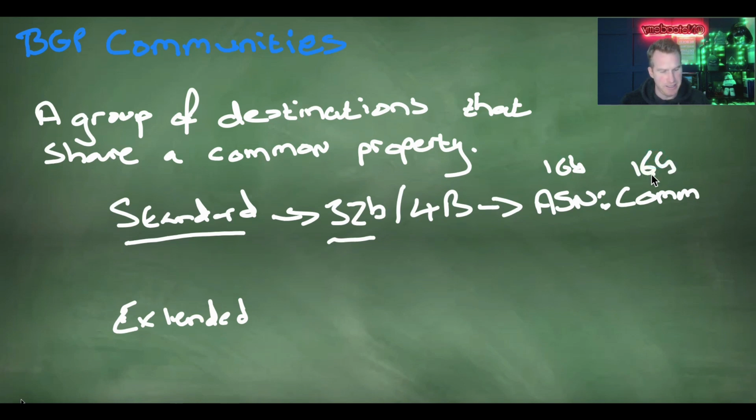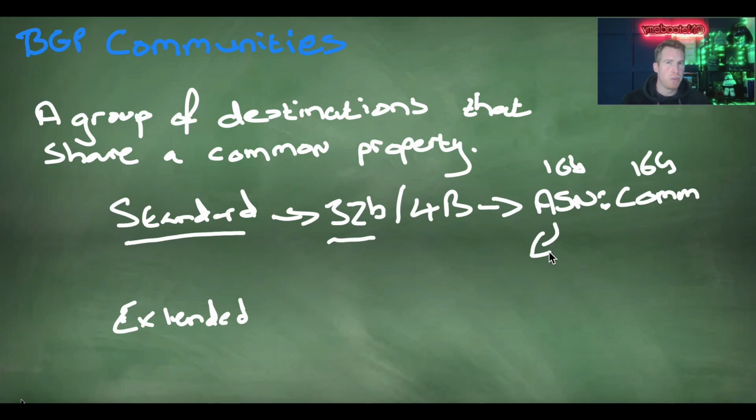Now the ASN identifies the autonomous system number that the BGP update message, that community at the end of the day, those associated destinations have actually come from. So say for example a router in ASN 6500 is sending out a BGP update message which is received at another router in another ASN, and another router in another ASN, so on and so forth.